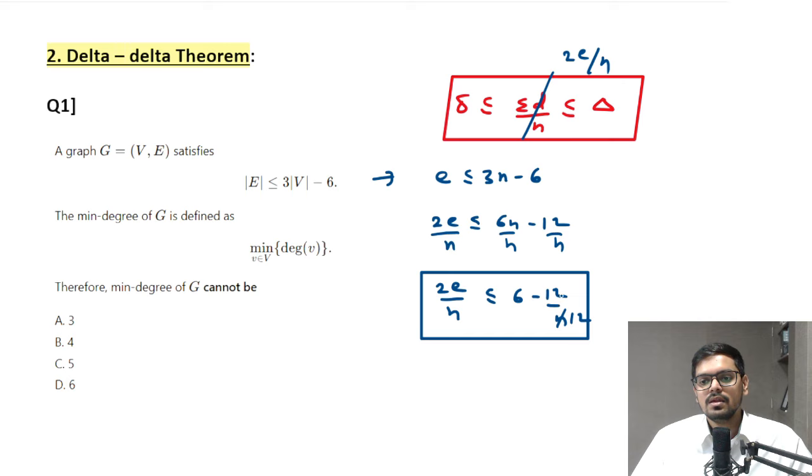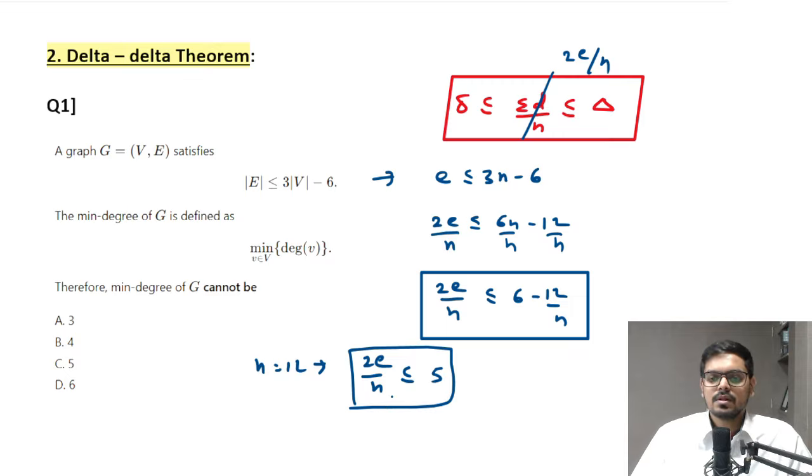When n is 12, 12 by 12 is 1, so 6 minus 1 is 5, which means this value will be at most 5. See carefully why it would be 5: when n is 12, 2e by n is less than or equal to 6 minus 12 by 12, which is 6 minus 1, which is 5. So 2e by n can be at most 5. Then it can also be 4, 3, 2, 1, 0, but it cannot go below 0. This is what I have analyzed.